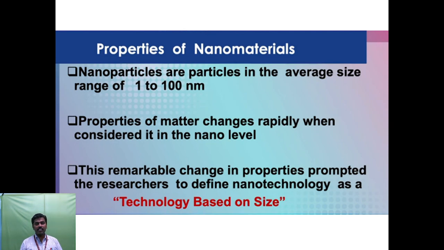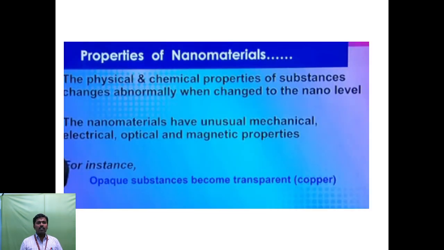Here size decides the properties of the material. The physical and chemical properties of a substance change abnormally when changed into the nano level. Nanomaterials have unusual mechanical, electrical, optical and magnetic properties.